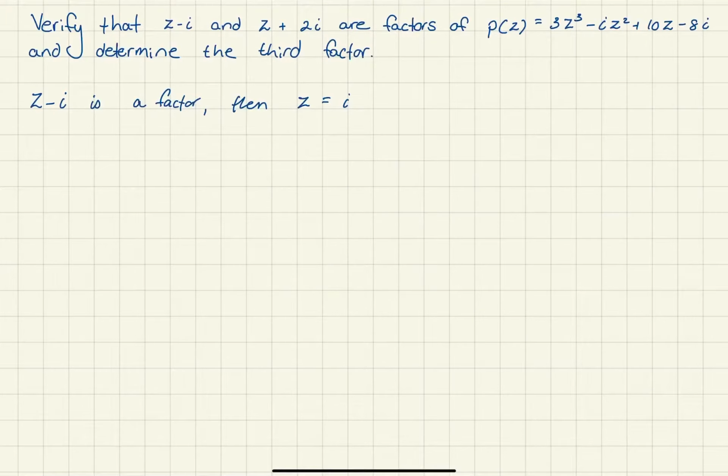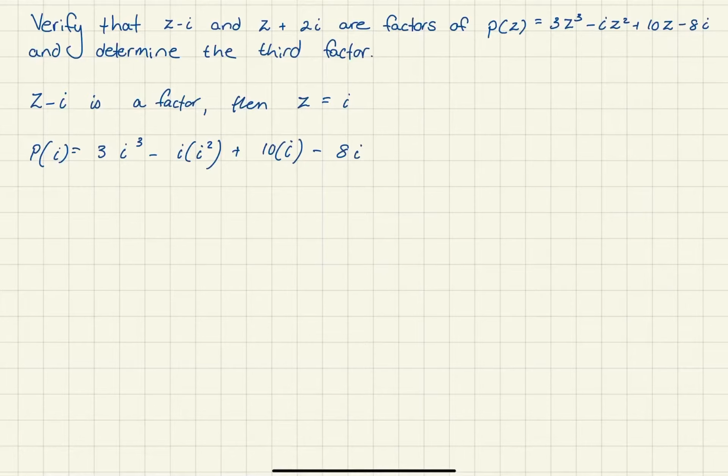So p of i equals 3i cubed minus i times i squared plus 10 times i minus 8i. Right, so all I've done here is wherever I've seen the z, I substitute in my i, because z equals i for this first root or the first factor that I'm investigating.